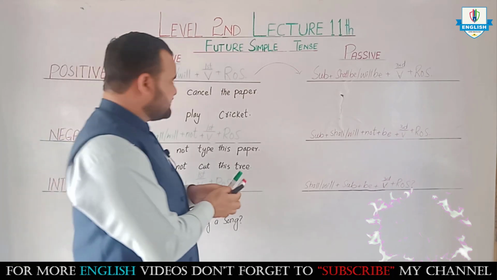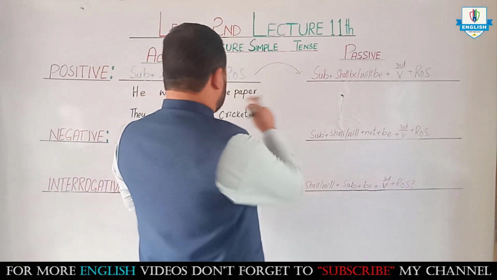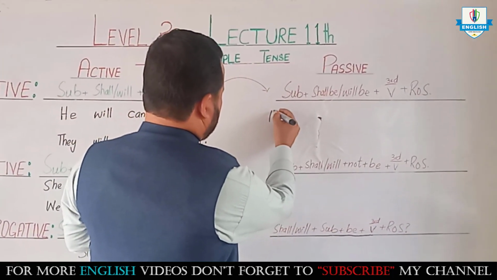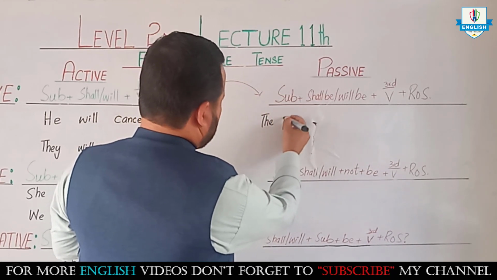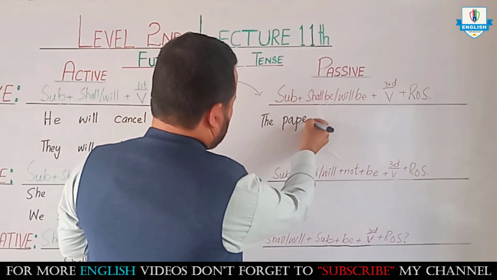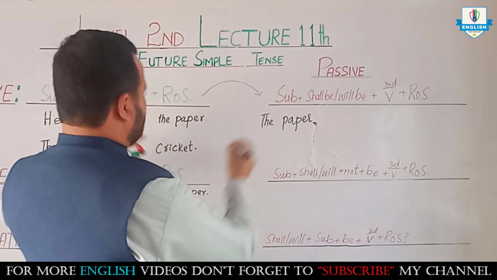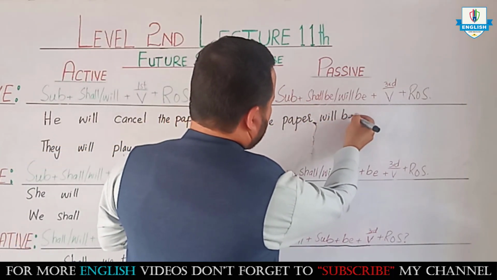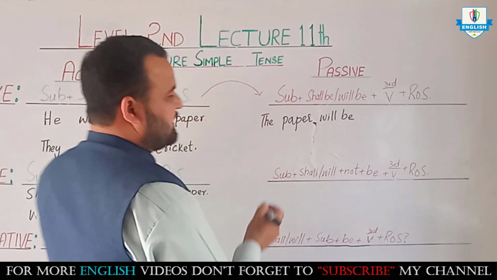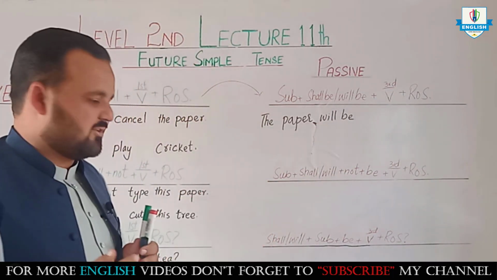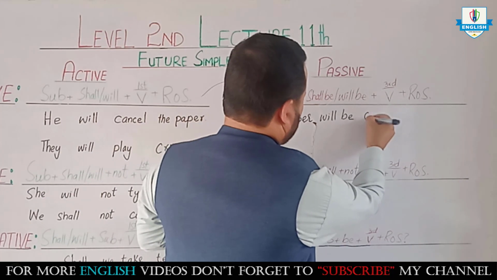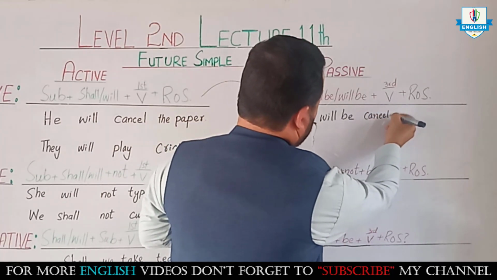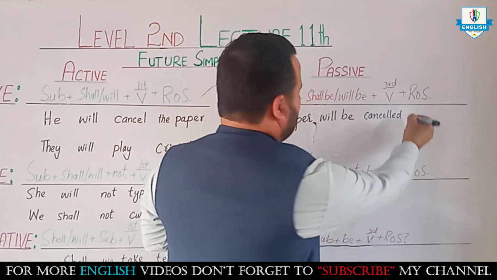So we will change this sentence like: the paper will be, cancel, cancel, cancel, third form of the word, by specific agent.